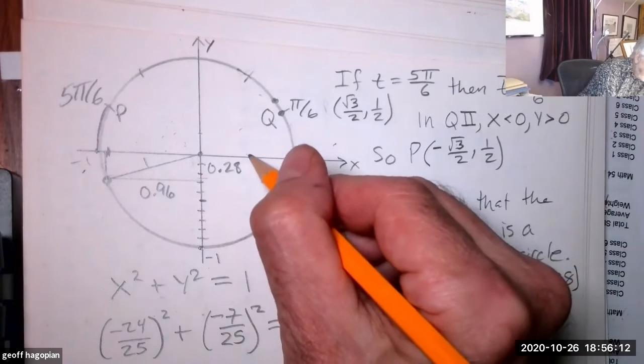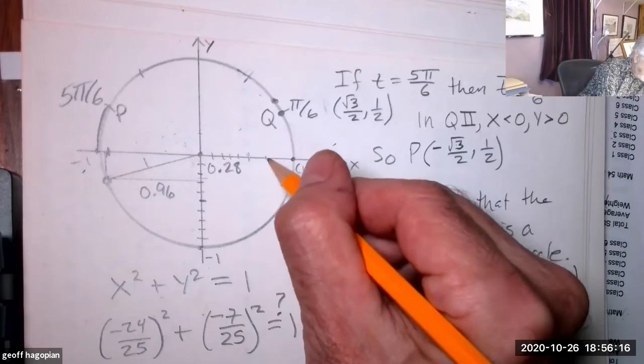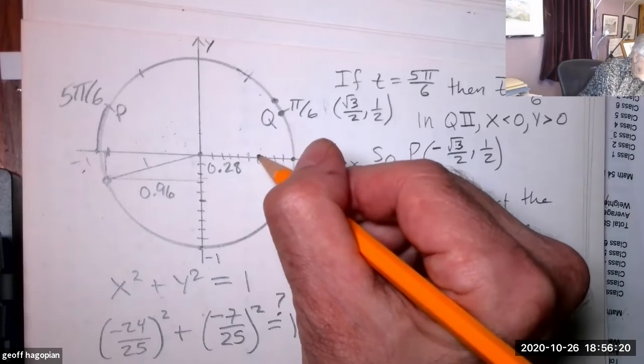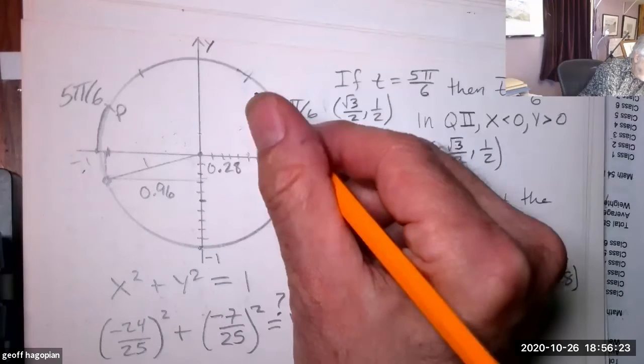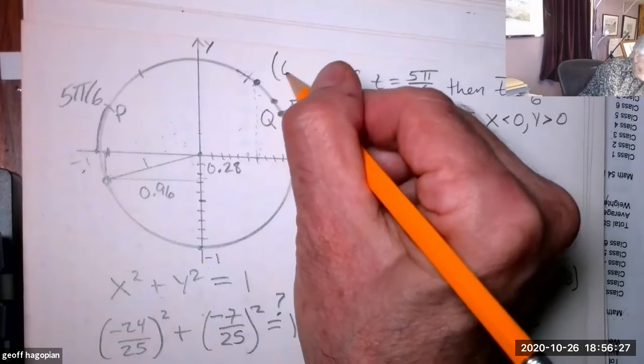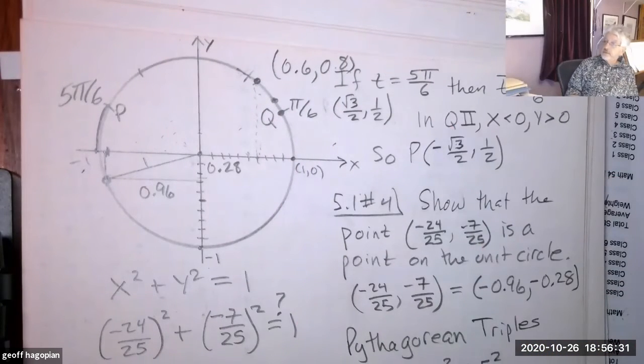Here's the halfway point. Divide that into 5 equal parts. Divide this into 5 equal parts. So, okay, 0.6 is actually closer to here. And so this would be 0.6, 0.8, or 3/5 and 4/5.